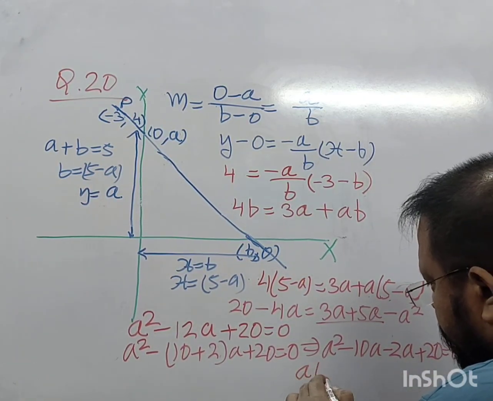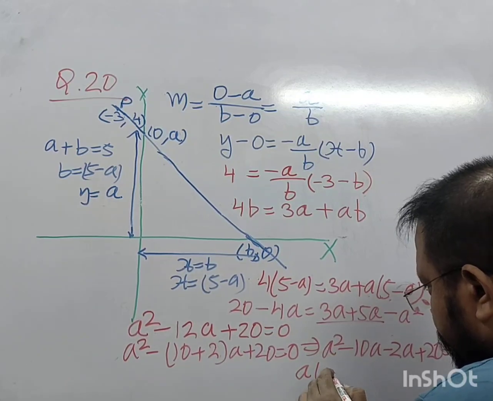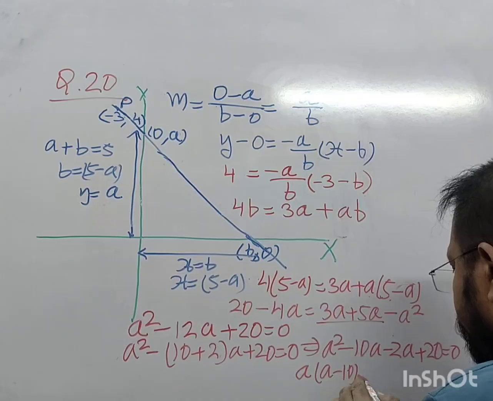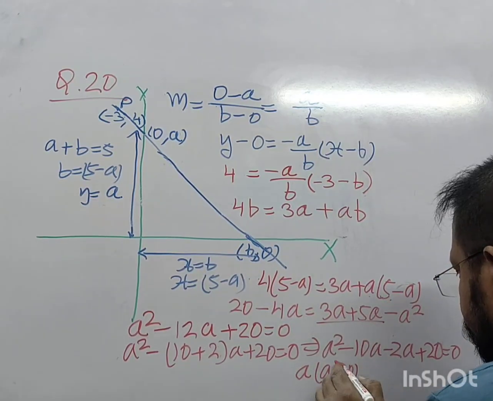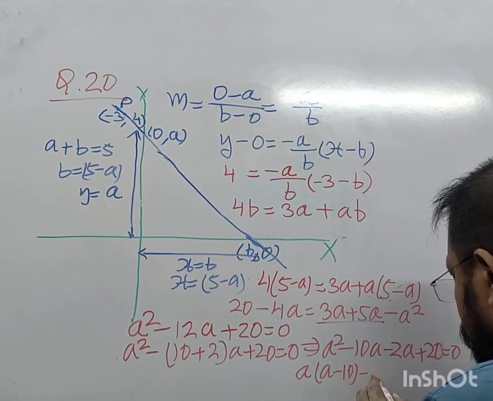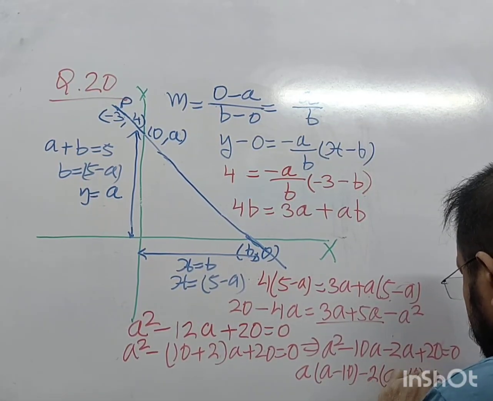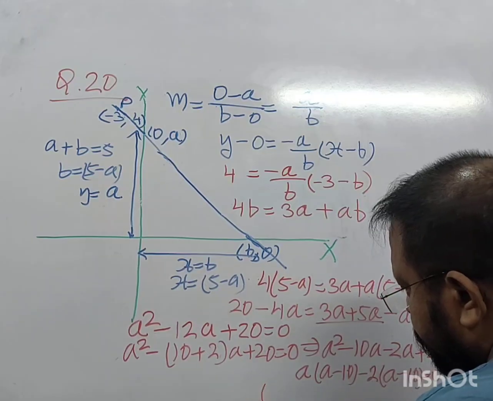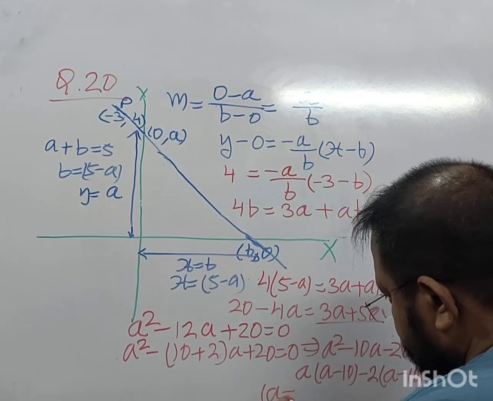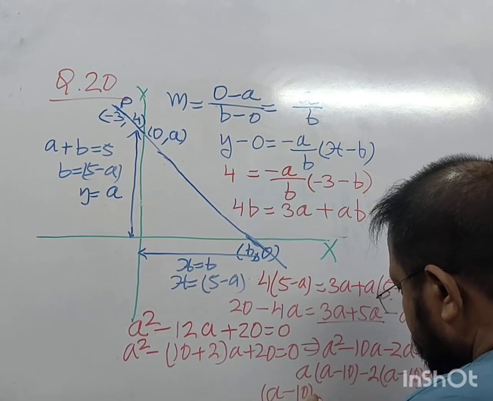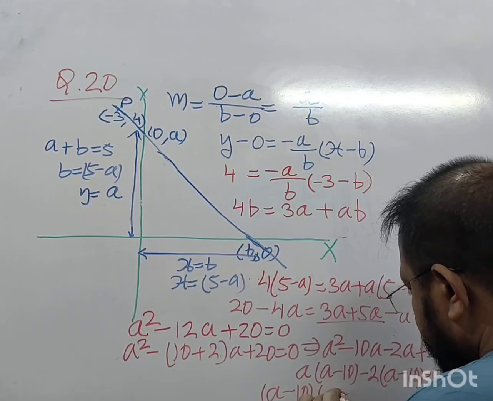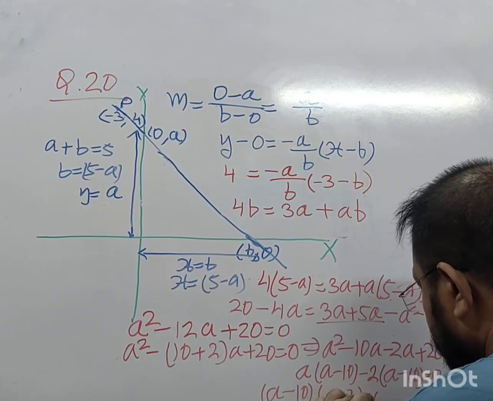So a you have taken as a common, it becomes a minus 10 bracket, minus 2 as a common, it becomes a minus 10 is equal to 0. So if a minus 10 is common, a minus 2 is equal to 0.